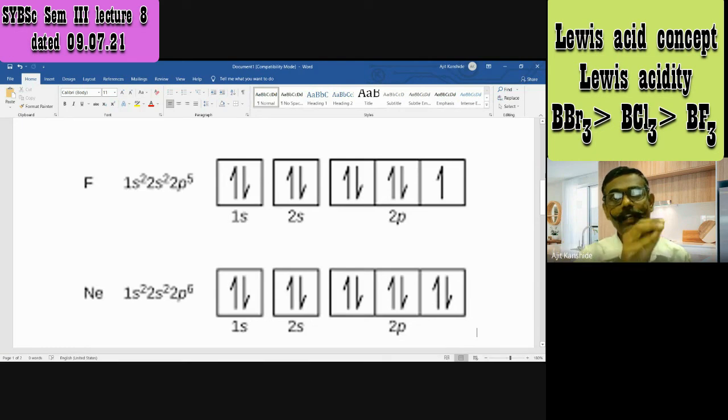Likewise, the second electron from oxygen and one electron from hydrogen will form the second OH bond. Just wait. So depending upon the number of unpaired electrons, we can decide the number of bonds. So we say oxygen can form 2 bonds. Chlorine can form only 1 bond. Hydrogen can form only 1 bond. Nitrogen can form 3 bonds. On what ground do we say that? On the basis of electronic configuration.